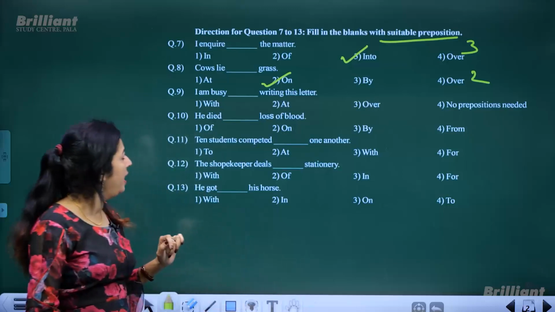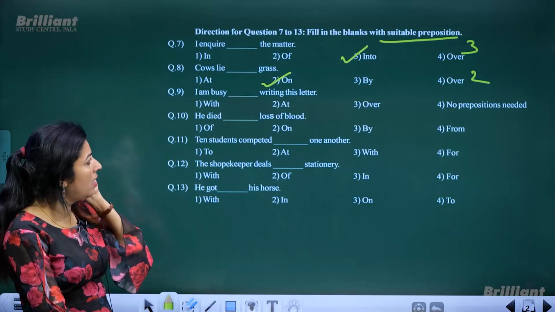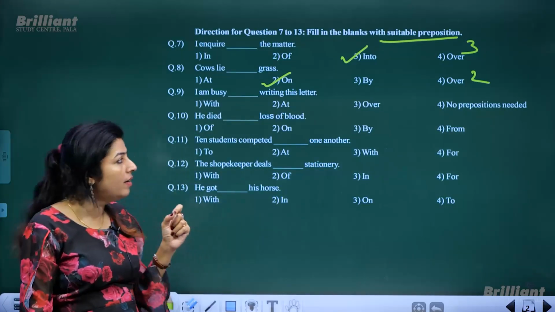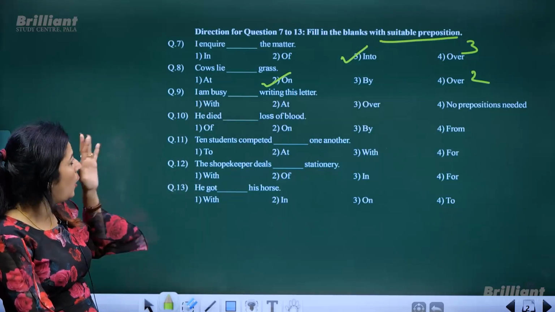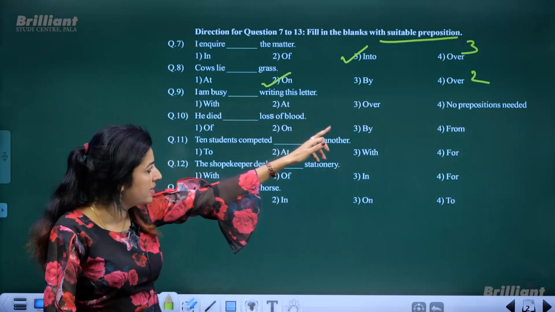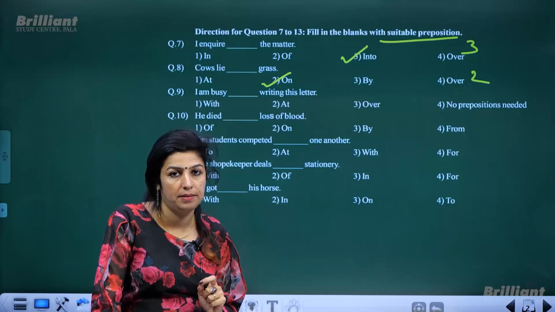Alright. Now the 9th one: I'm busy dash writing this letter. I guess the majority of you might have got this preposition wrong. See the options, I'll just read them out. The options are: with, at, over, and one more option, no prepositions needed.